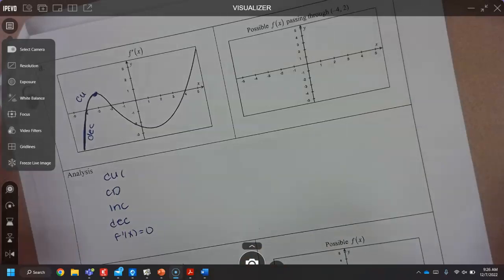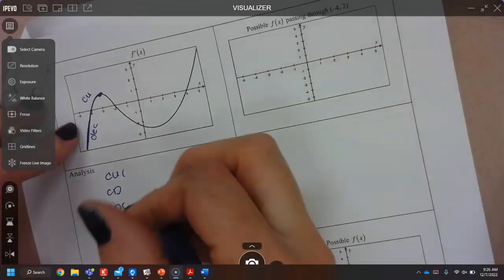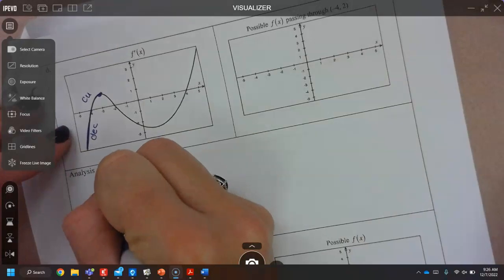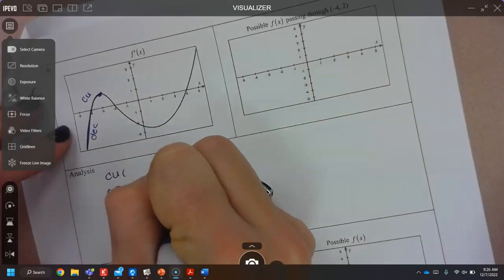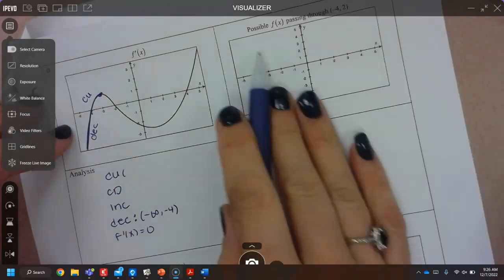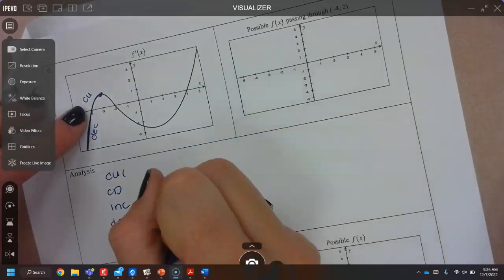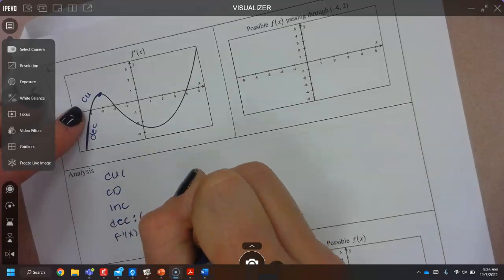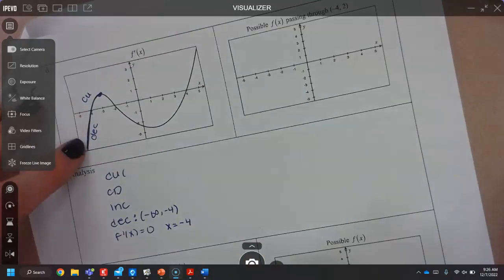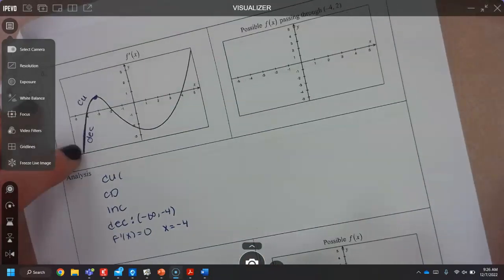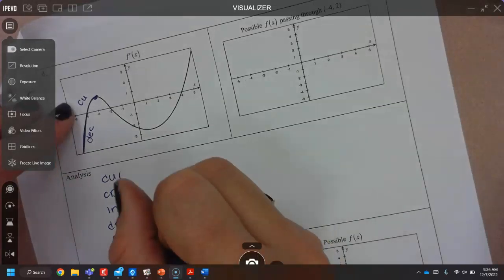So it's negative from negative infinity to -4, so that means this graph is decreasing. It's 0 at x equals -4, and if it goes from negative to positive, it's decreasing to increasing. So that makes this a min.